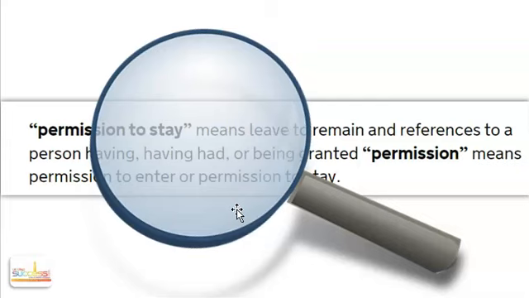In the definition section, the Home Office defines this phrase as leave to remain, and reference to a person having had or being granted permission means permission to enter or permission to stay. Those with permission to stay can apply no more than 3 months before the start of the course.